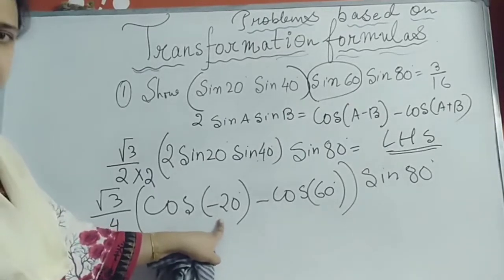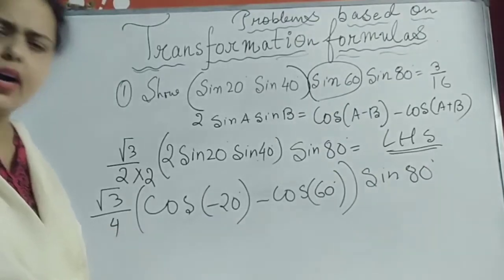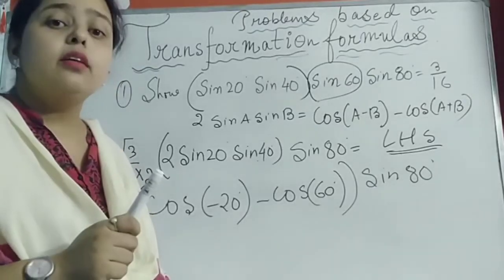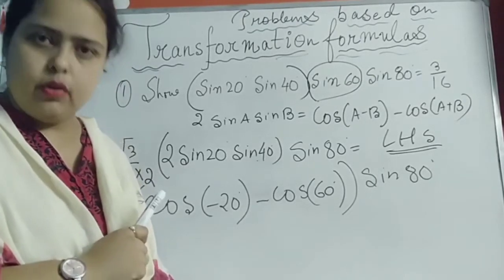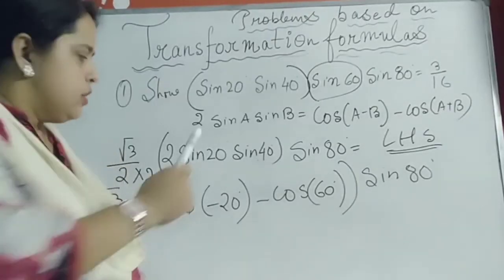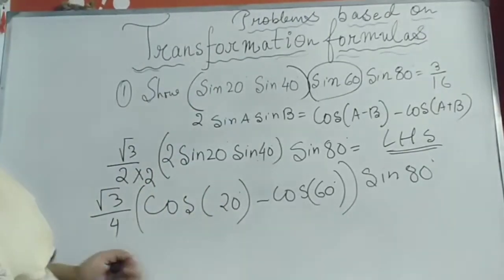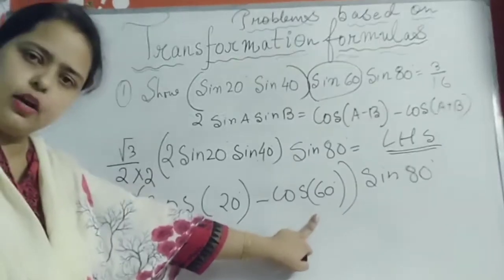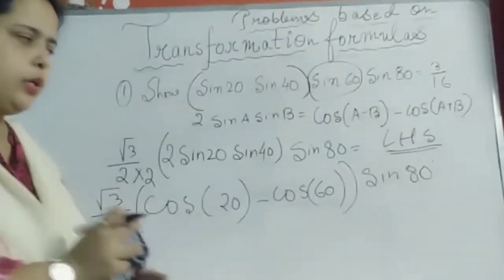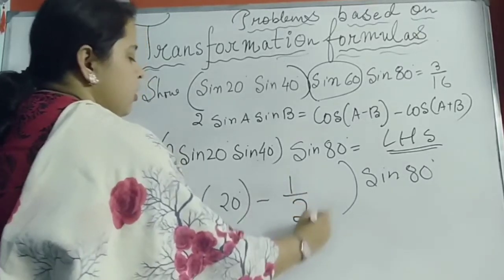Cos of minus 20 degree is going to provide me cos of 20 degree. Why? Because in the 4th quadrant, cos is positive. So, cos of minus theta is cos theta. I am going to remove this minus sign, and here in front of you, one is known, another is unknown. So, the known angle is 1 by 2. Let us substitute here 1 by 2 for cos 60.